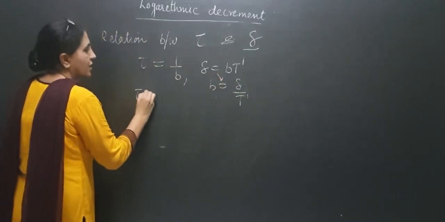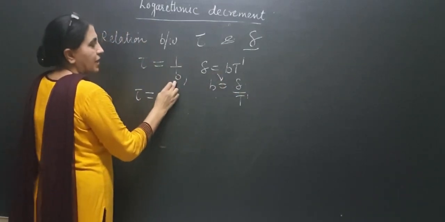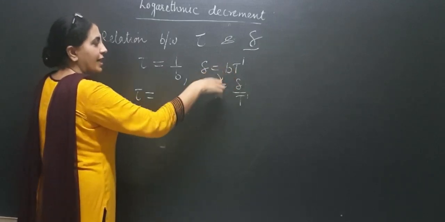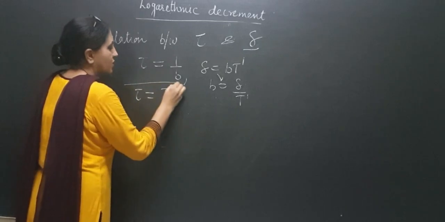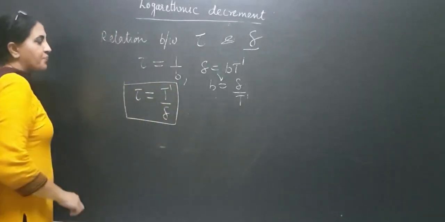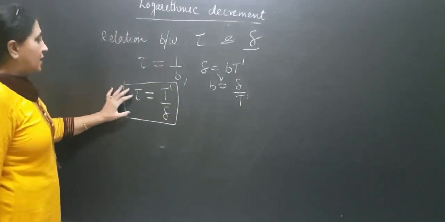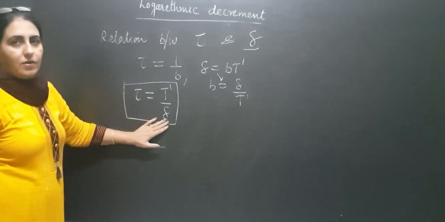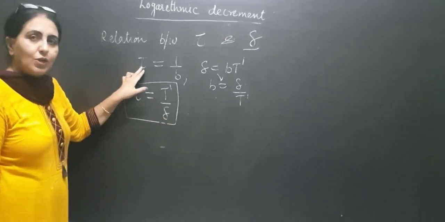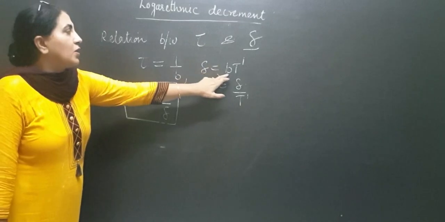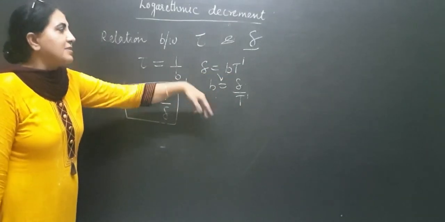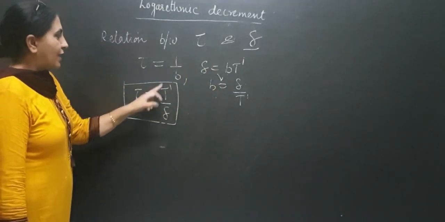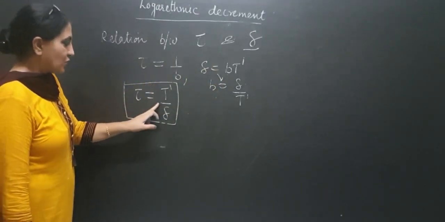So put here tau is equal to 1 over b, and 1 over b means t' over delta. So this is the relation between tau and delta. Because tau is equal to 1 over b, delta is equal to bt', from here b is equal to delta over t', or 1 over b is t' over delta.